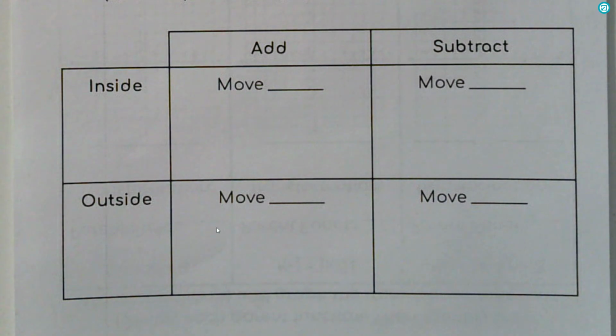So we are going to fill out this table, and then this table is going to be the most helpful thing to you today until you memorize where everything goes. While you guys are working on your assignment, I will try to remember to leave the table up here. So, if you add inside your function, that is going to move your graph to the left.